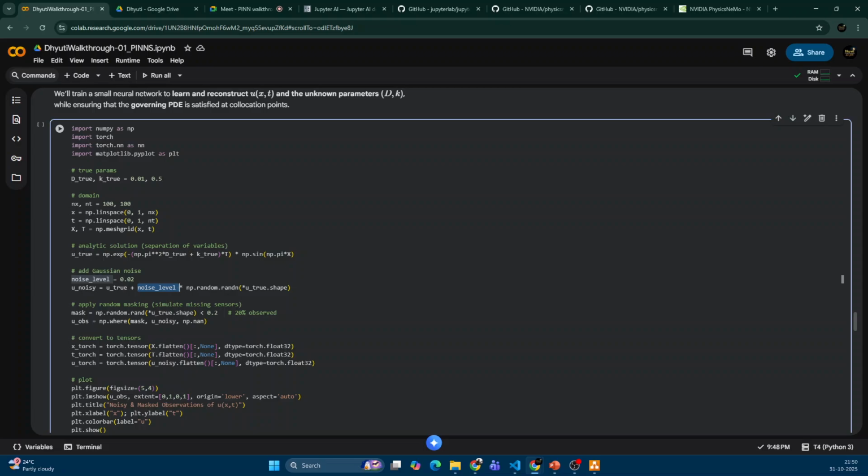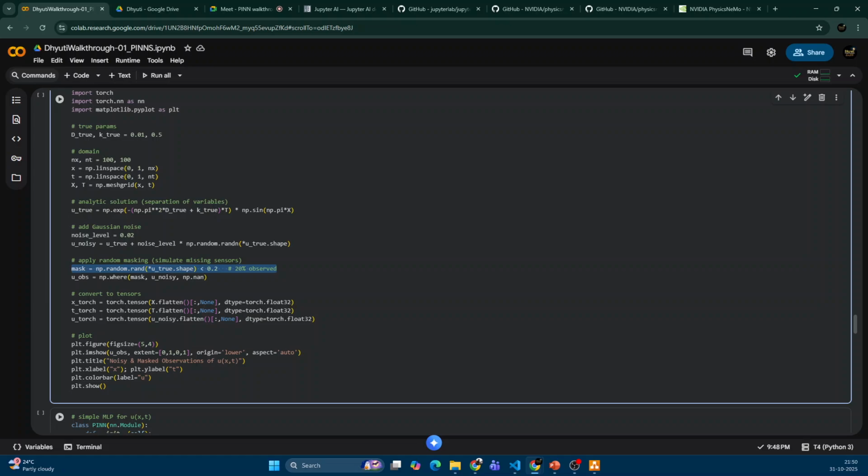And then you also apply some amount of random masking so that you remove 20% of the data. You can go up to even 80% and have just 10% of the data. So here you only retain 20% of the data and mask the rest.